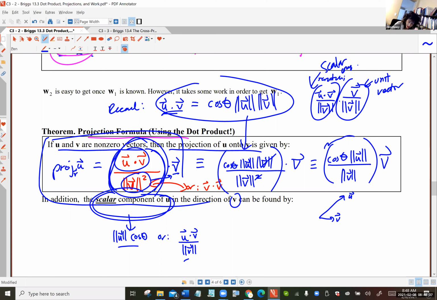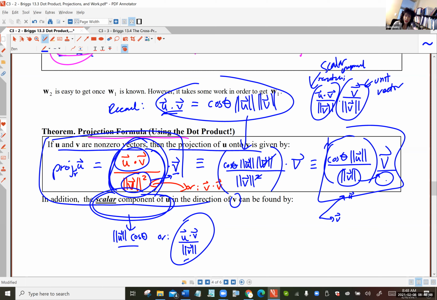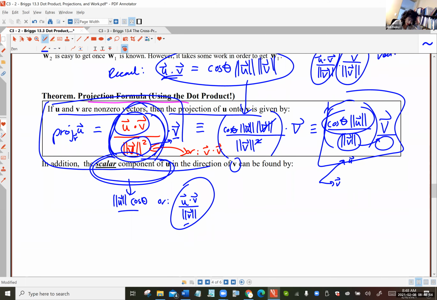That's why that's true. And then similarly for this other formula, which is not my personal favorite, if you moved the magnitude underneath the vector v there, then you get the unitized version of v, and then you simply take the scalar component there. So one or the other.